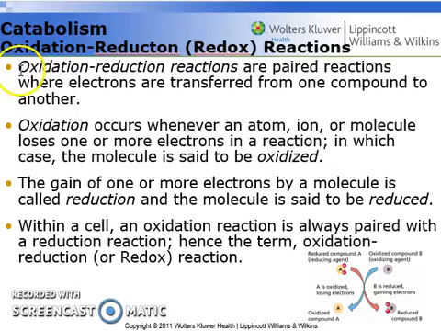Now, in the process of catabolism, the breakdown of molecules is not going to happen unless we have oxidation reduction reactions. And oxidation reduction reactions are simply paired reactions where electrons move from one compound to another. So we primarily saw this with the electron transport chain, where you have electrons transporting from those NADH molecules to other carrier molecules.